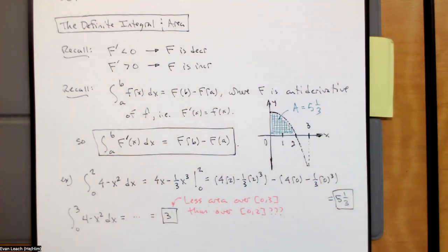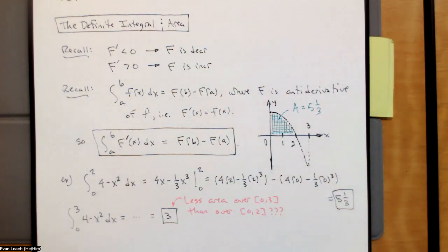But then we observed what happens. On the interval from 0 to 2, the function is positive, and on the interval from 2 to 3, the function has gone negative.